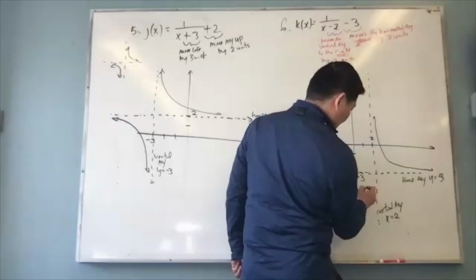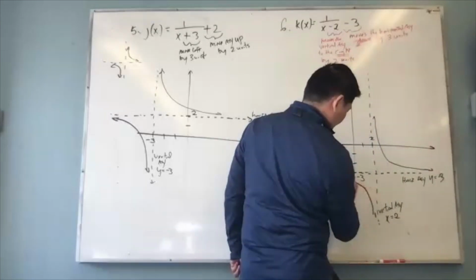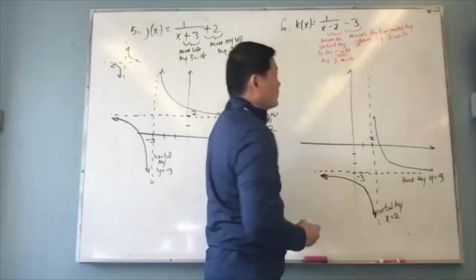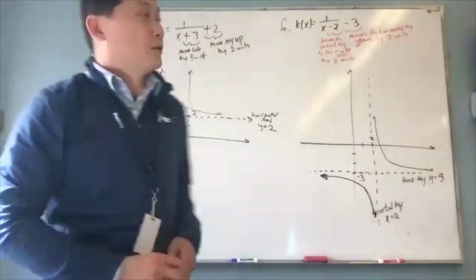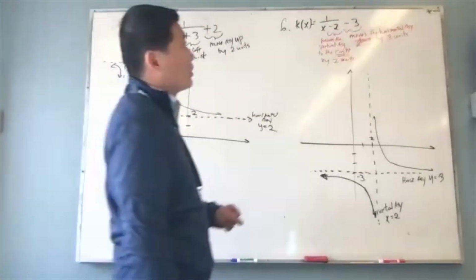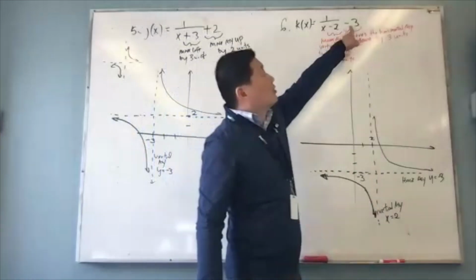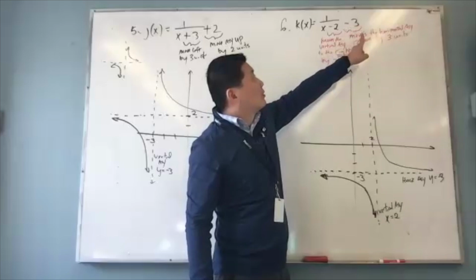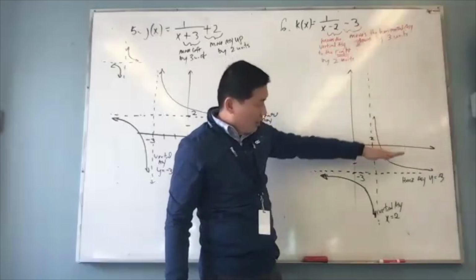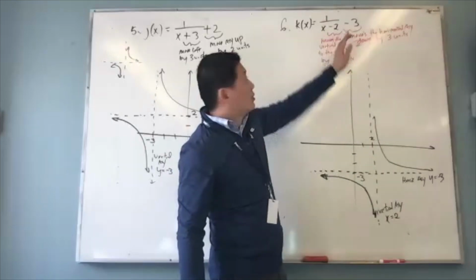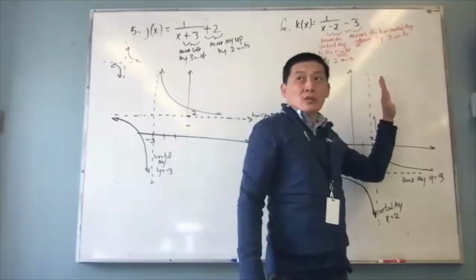So it goes down 3 and to the right 2? Yes. Okay, so here you go. Number six right here. Check your answers. This -3 right here moves the horizontal asymptote down by 3 units. This -2 moves it to the right by 2 units.